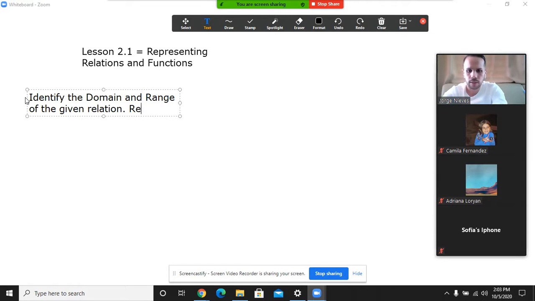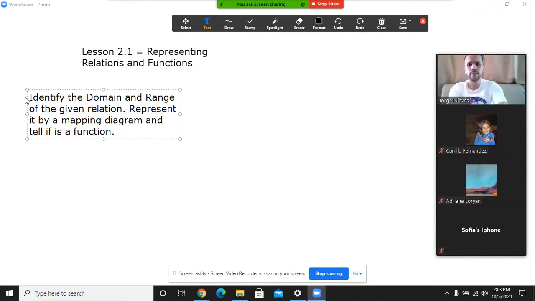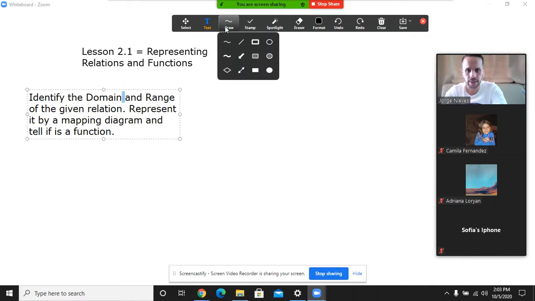You also have to represent it by a mapping diagram. ¿Se acuerda de eso también? Lo vimos en clase. And tell if it's a function. Eso es lo que vamos a hacer en esta parte. Vamos a ver un ejemplo rápido de esto para que me siga.